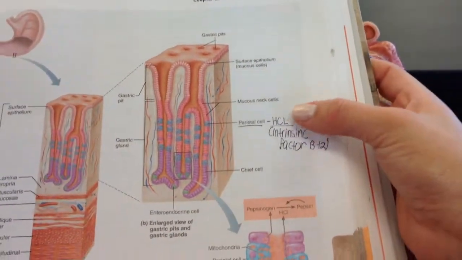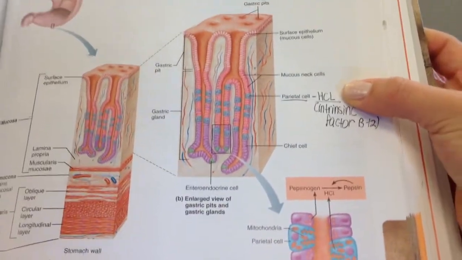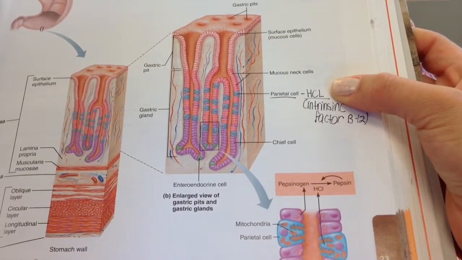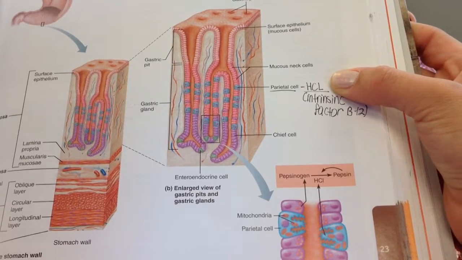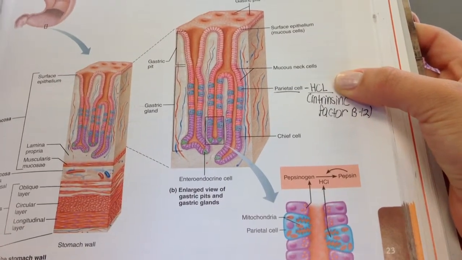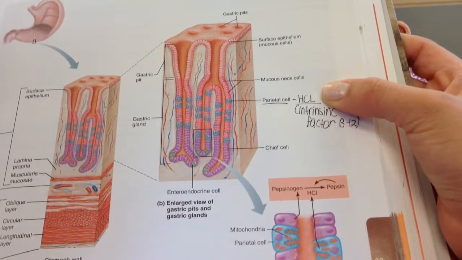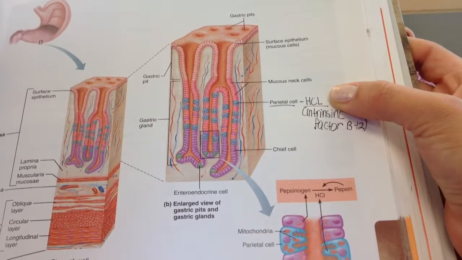Next is the parietal cells, which secrete hydrochloric acid. You should know that hydrochloric acid does 3 things. The first is it kills microorganisms. The second is it denatures proteins, or changes their shape, that's what denature means. The third is it activates pepsin.